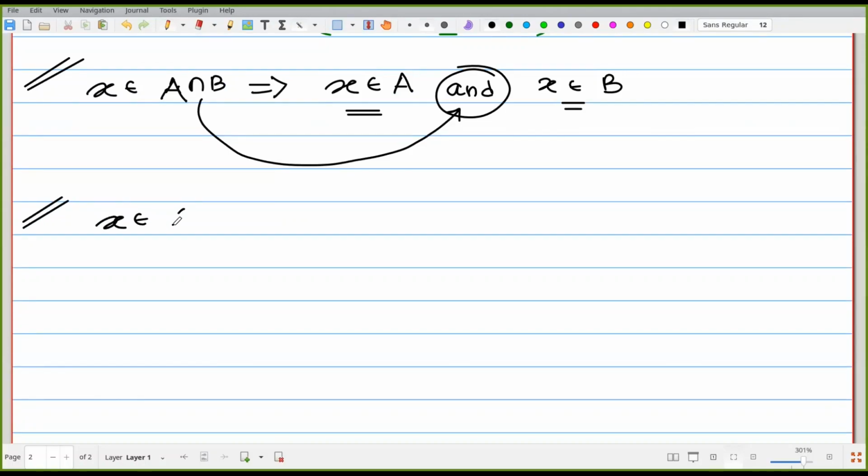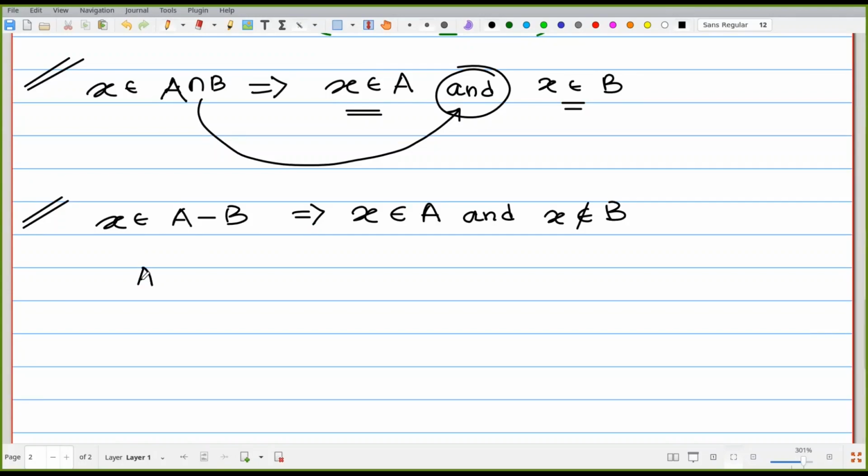Union, intersection. Another one. x belongs to A minus B, meaning the difference operation. That implies x belongs to A and x does not belong to B. Why?